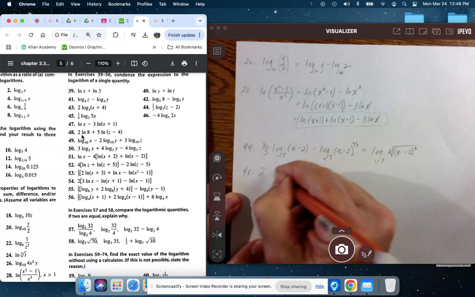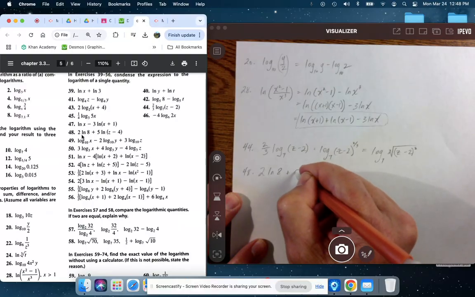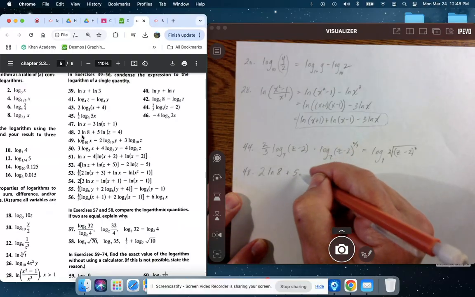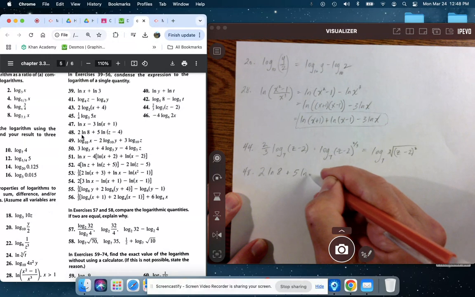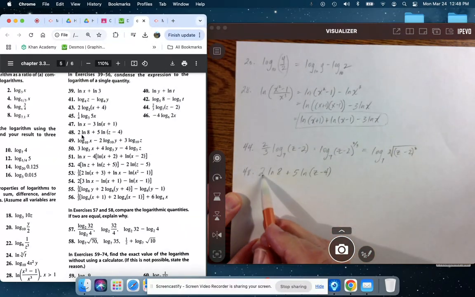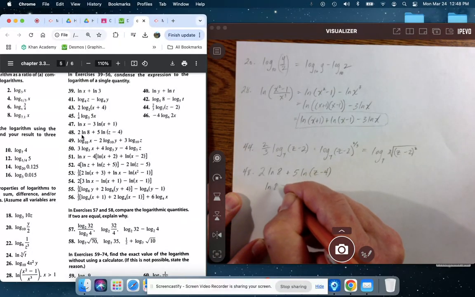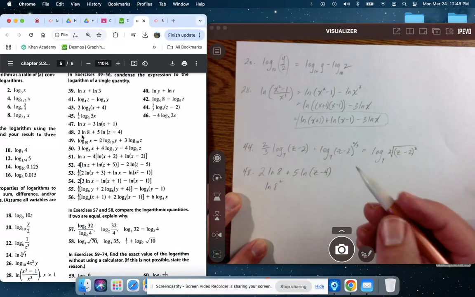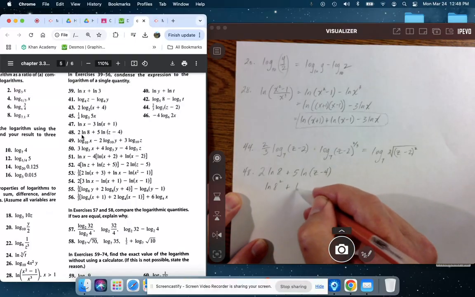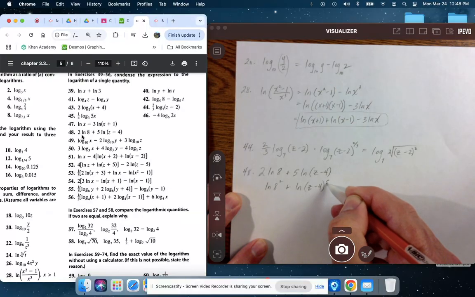2 natural log of 8 plus 5 natural log of z minus 4. So that 2 becomes a power on 8, so that's natural log of 8 squared plus natural log of z minus 4 to the 5th.